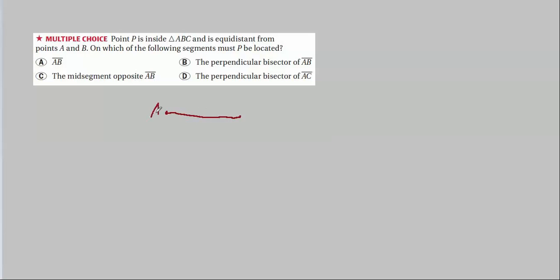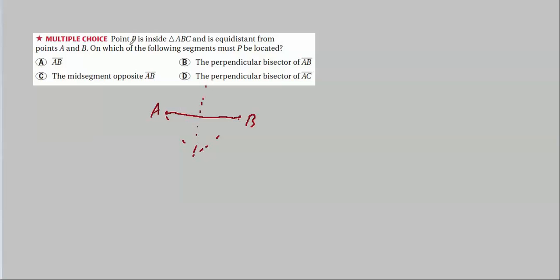Here's A, and here's B. What do we know about anything that's equidistant from A and B? It lies on the perpendicular bisector. Remember, every point on the perpendicular bisector is equidistant from A and B. Conversely, every point that is equidistant from A and B is on the perpendicular bisector.